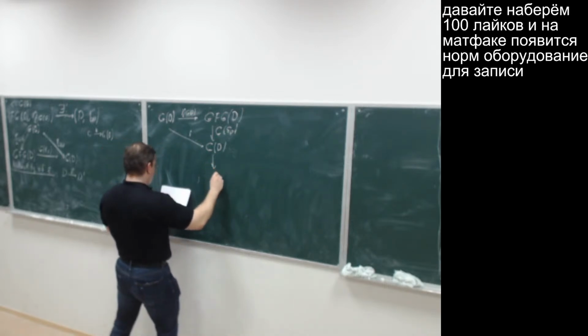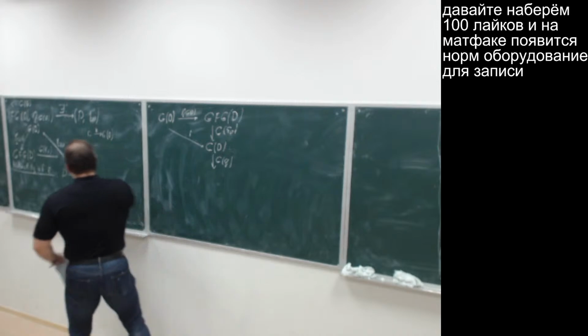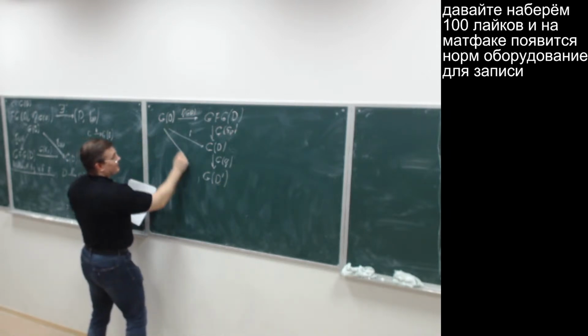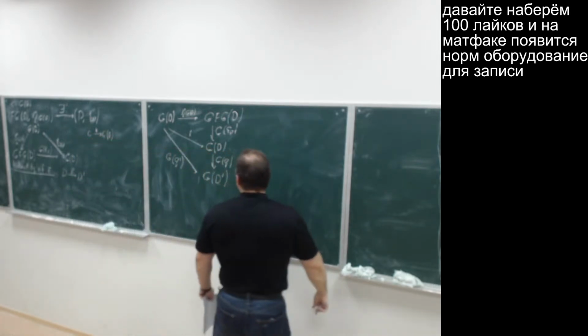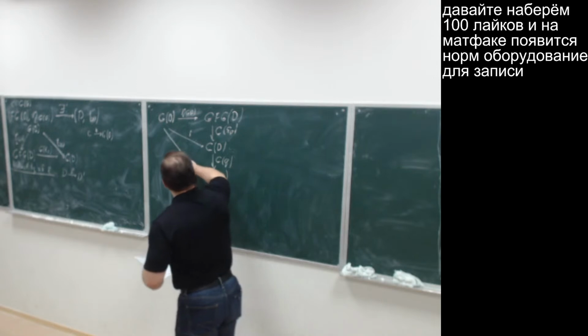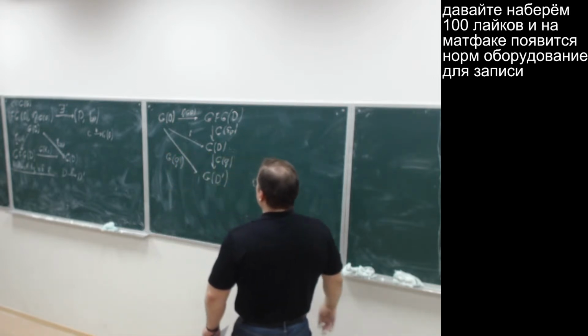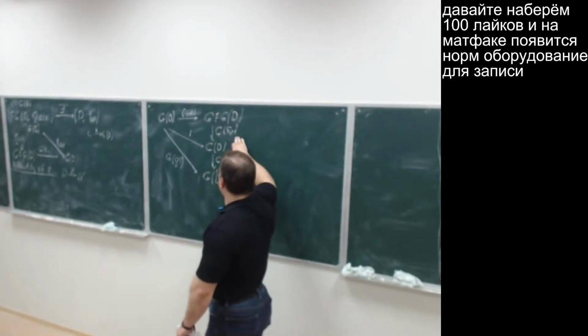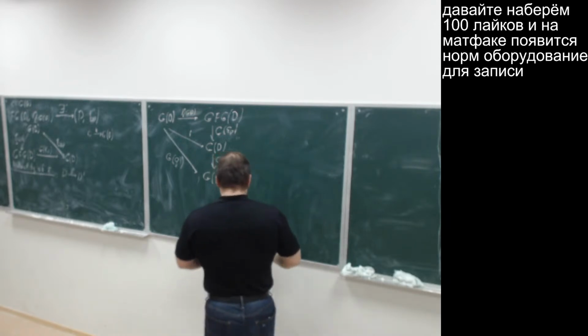So now I choose this map Q. So this gives me a map from the... So the upper triangle we already know, and this triangle is just composition with the G of Q. So trivially we get this diagram.